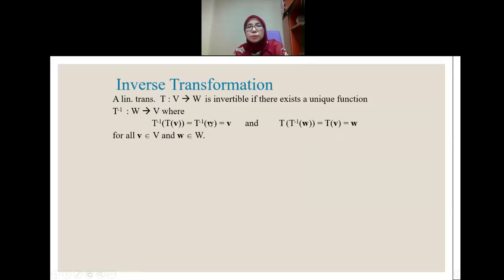So w is the image, and v is the object. w is in the codomain, v in the domain. But for the inverse function, w becomes the domain of T inverse, and v becomes the codomain of T inverse.